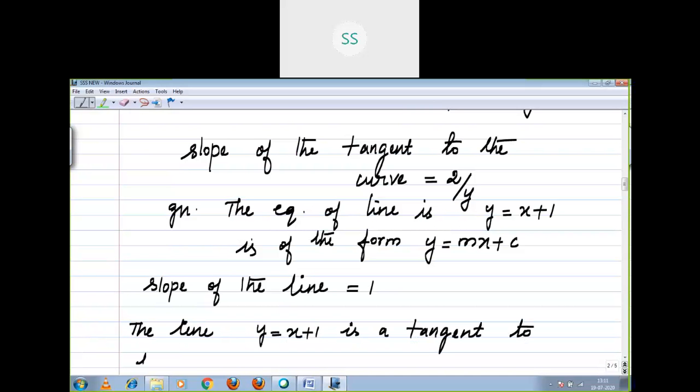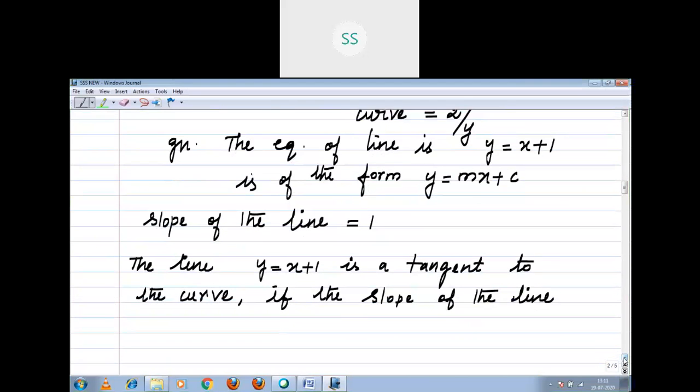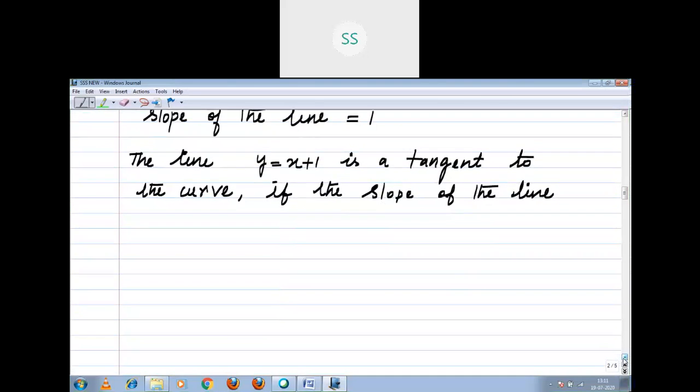That means the slope of the line is equal to the slope of the tangent.